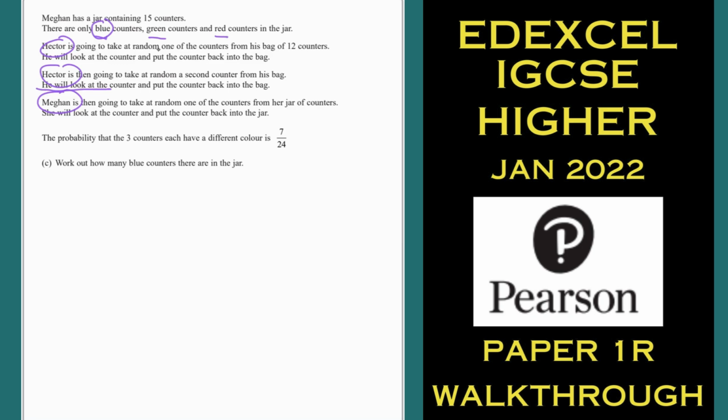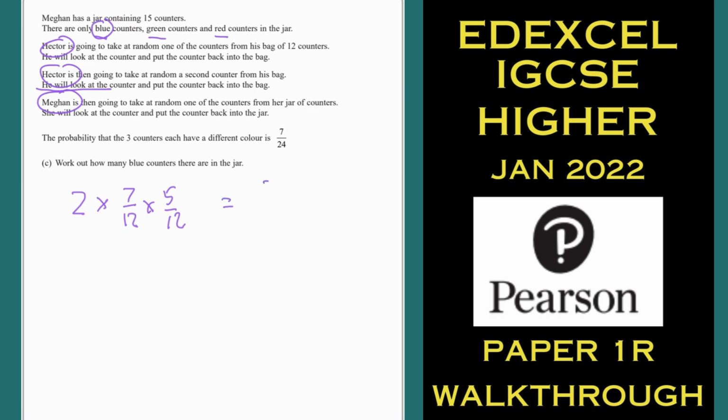Now, the probability that the 3 counters are different. Well, let's look at the probability that Hector's are different. So as I've already mentioned, Hector being different is 2 lots of 7/12 times 5/12 because order is important. There were two routes to get Hector having different counters.